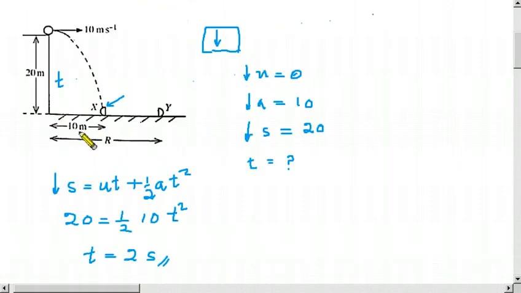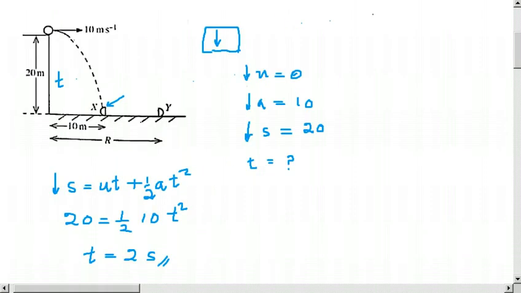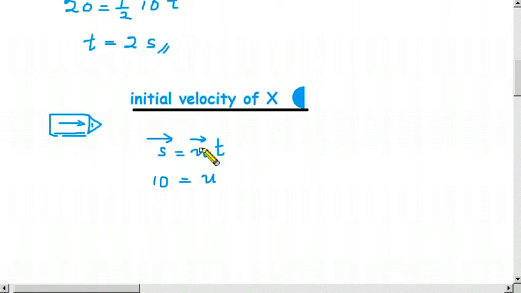So as we know 10, u, let us suppose as x initial velocity. So here u is now x, time we know 2, so x is 10 divided by 2 is 5 as previous, meter per second.